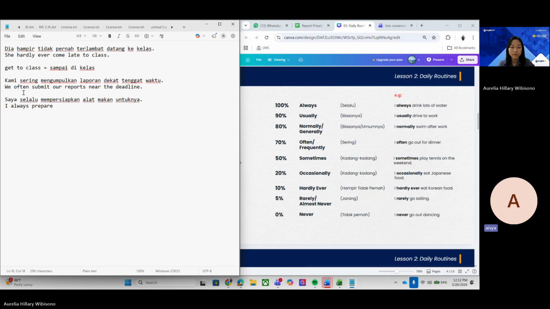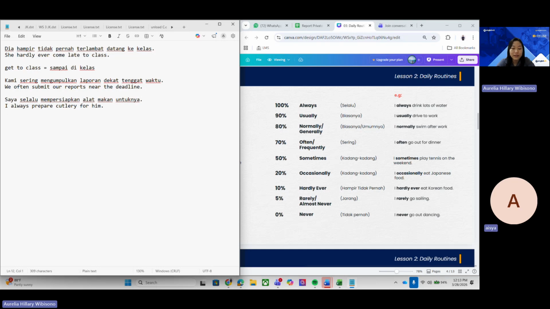Alat makan itu apa? Utensil, cutlery, tableware. Yes, tableware you can say it, but usually we call it cutlery. Yes, tableware is also fine. But the difference is cutlery is usually only the knife, spoon, or fork. But for tableware, it's including the plate, the bowl, and the glass. Okay. Berarti cutlery. I always prepare cutlery for him. Okay, that's good.